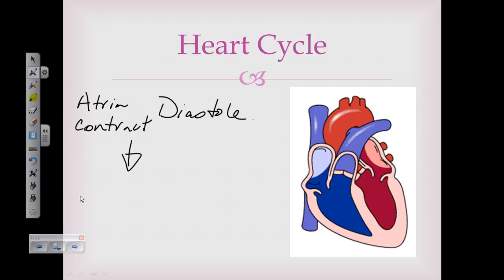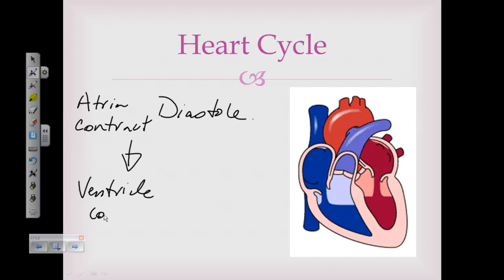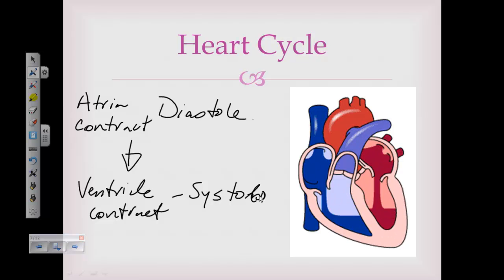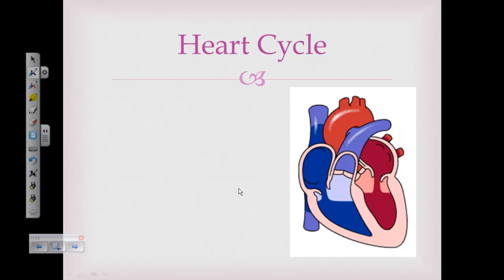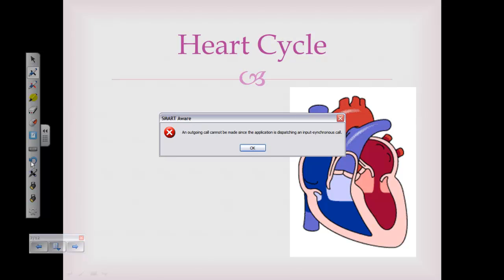The second part of the heart contraction is when the ventricles contract, and we are going to call this systole. So when diastole is occurring, the AV valves are open, and this pen is giving me grief when I'm writing.